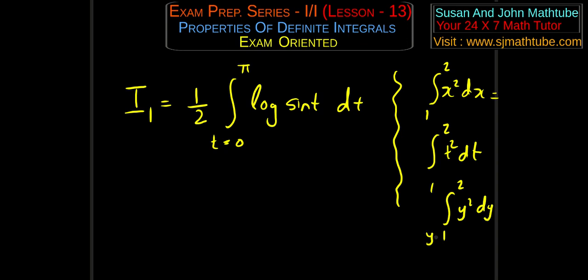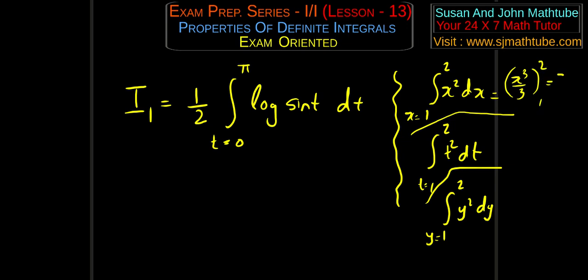Here the limits belong to y, here the limits belong to t, here the limits belong to x. Try it and you'll see that you're going to get x cubed by 3 within the limits 1 to 2. So 2 cube is 8, minus 1. So you get 7 by 3. Again you get 7 by 3. Again you get 7 by 3.